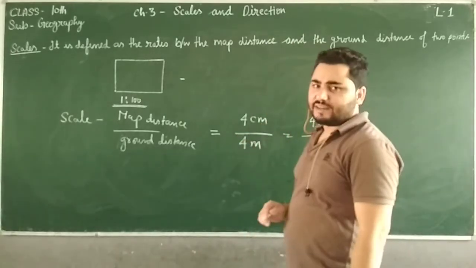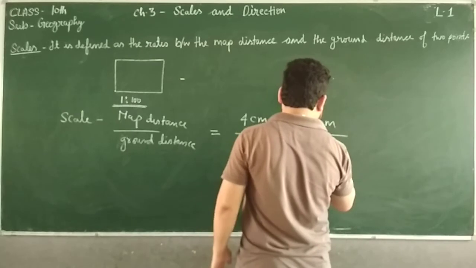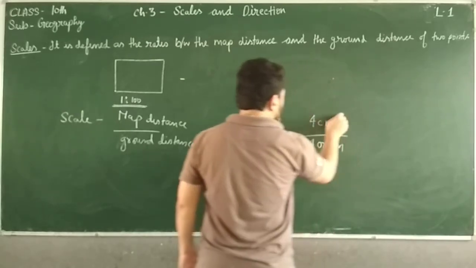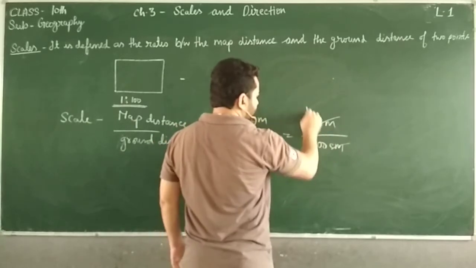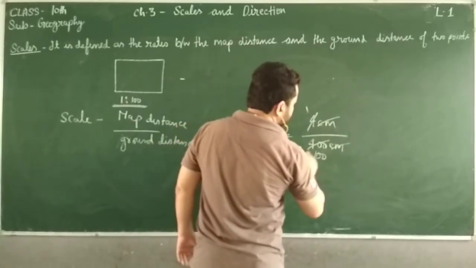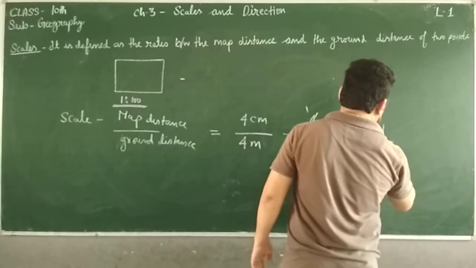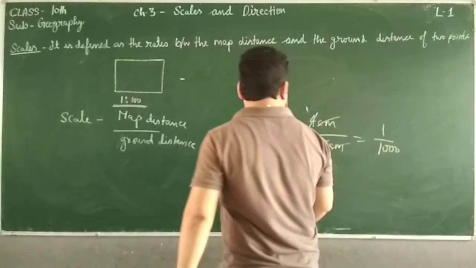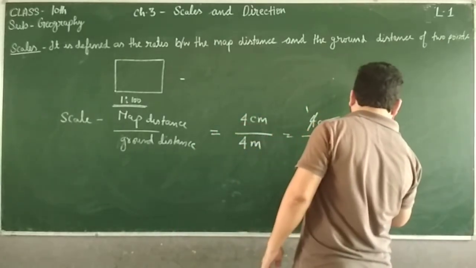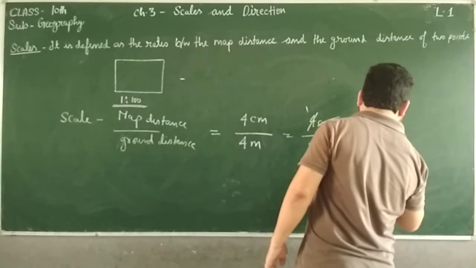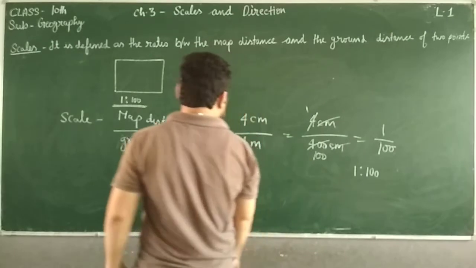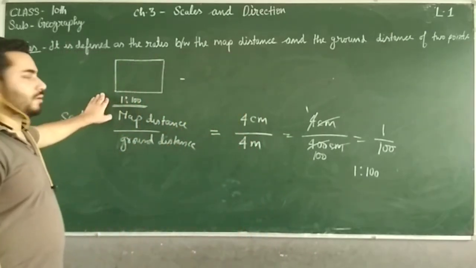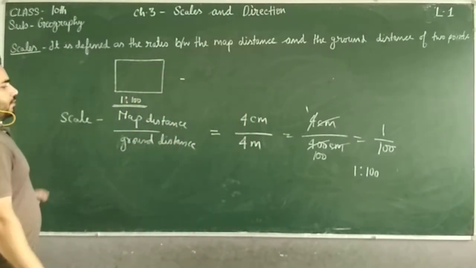In 1 meter 100 centimeters are there, so it will be 400 centimeter. Then 4 ones are 4, this will go 100 times, so it will be 1 upon 100, or you can write it like 1:100. So here I have taken this scale. Clear? This is a scale.